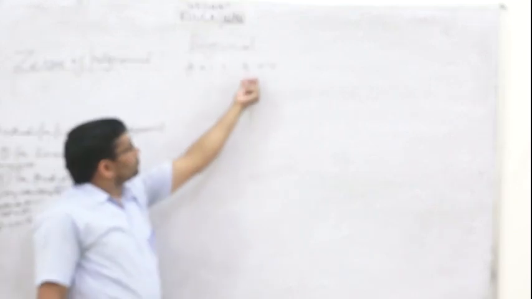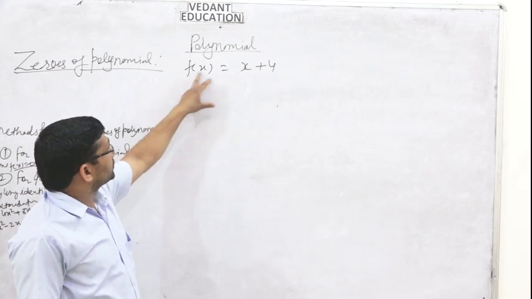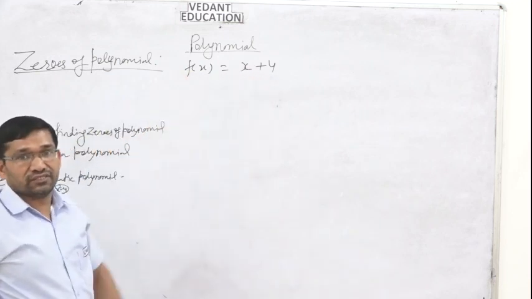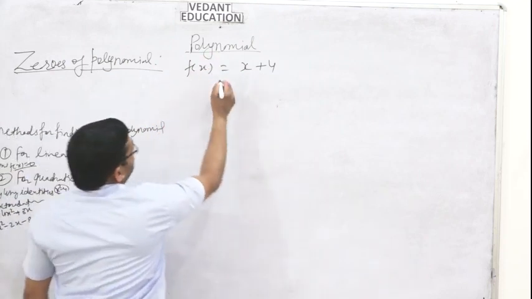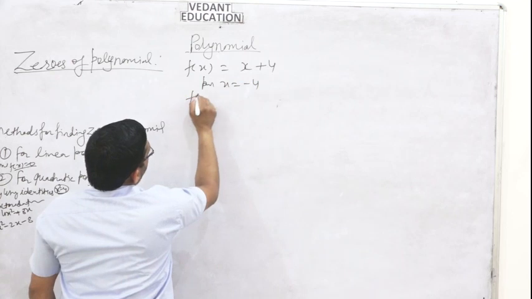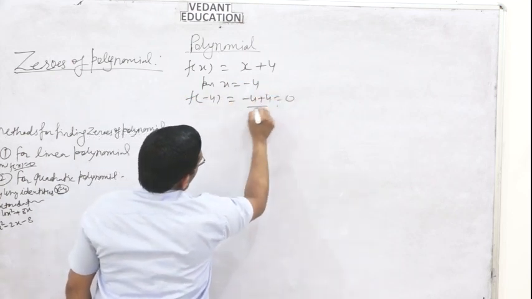So what is the value of x which makes this 0? At what value of x should we put it so that it becomes 0? Put x is equal to -4, that is f of -4 is equal to -4 plus 4 is equal to 0.